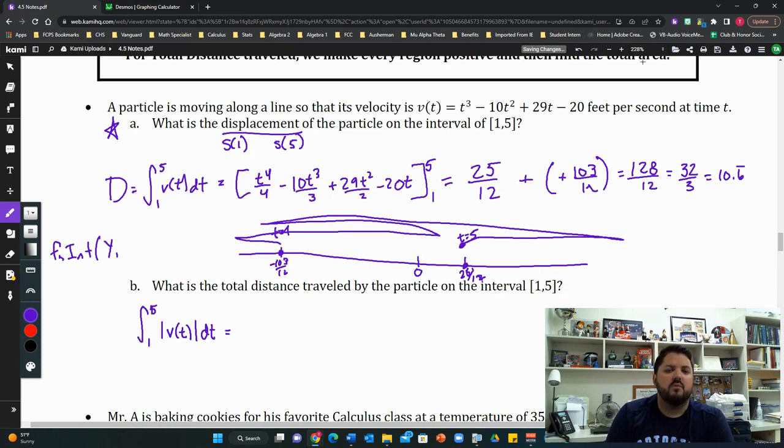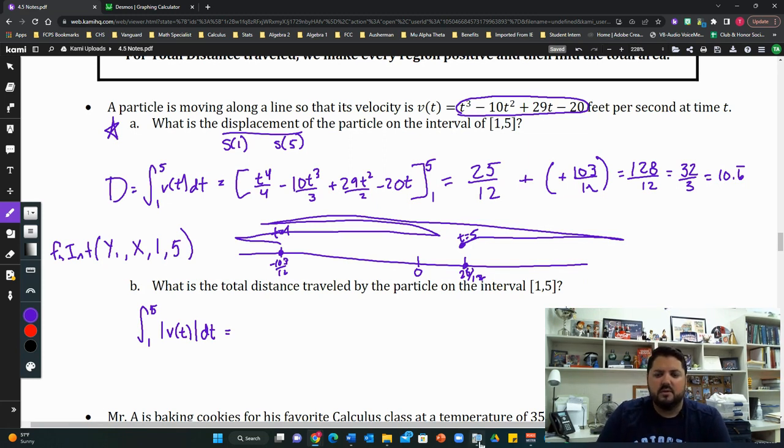Our function is stored in y1. We could also type this guy into that spot in the calculator, but it's easier to put it in y1 and then call it up. Then comma, then we want to know what variable you're going to integrate with respect to. That is always x. And then we have to tell it the interval that we're integrating on, so 1, 5. Those are the 4 things on the older model calculators that you would have to enter.